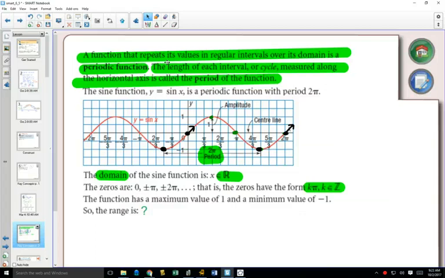Some other important definitions that we run into with sinusoidal functions. It's your word of the day, sinusoidal. Any sine and cosine graph. The amplitude is the distance from the middle of your graph to a maximum, or from the middle of your graph to a minimum.